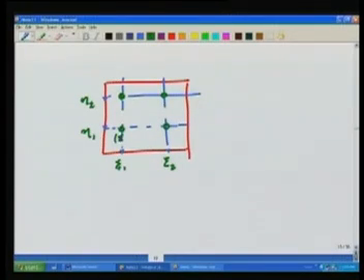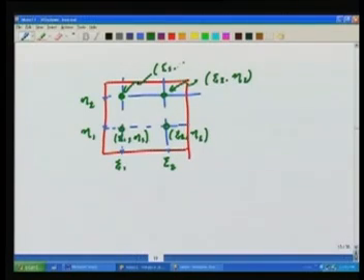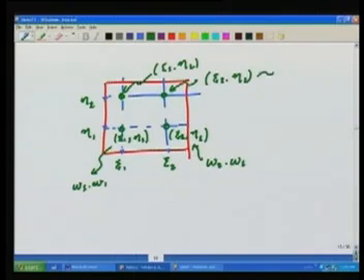This is my psi 1 eta 1 point, this is my psi 2 eta 1 point, this is my psi 2 eta 2 point, and this is my psi 1 eta 2. And the weight here is W1 into W1, weight here is W2 into W1, weight here is W2 into W2, and weight here is W1 into W2. Done. So this is how I can do the integral.